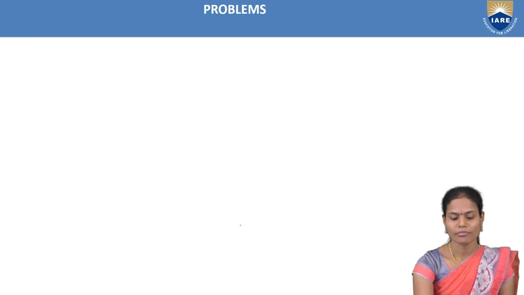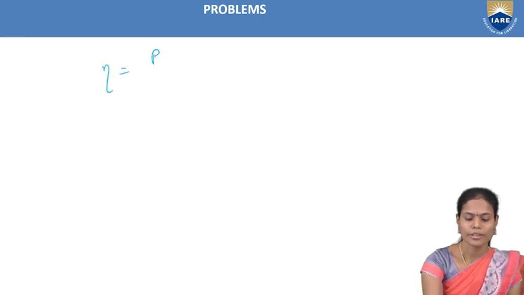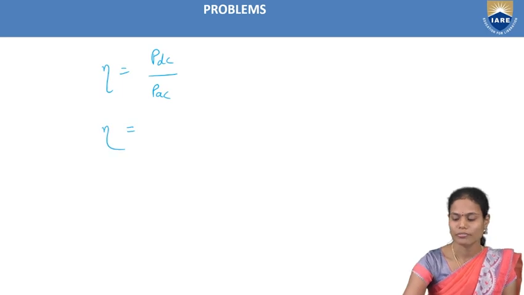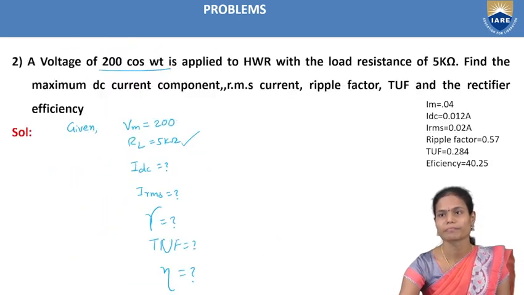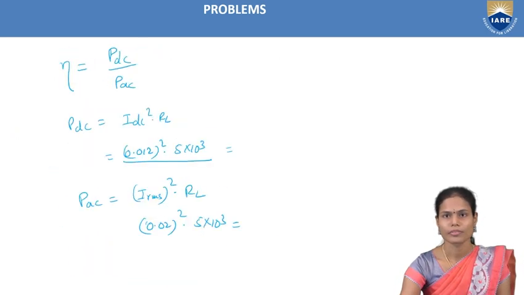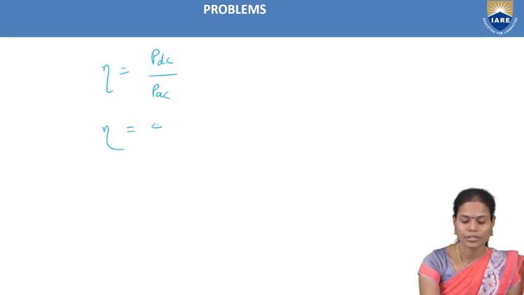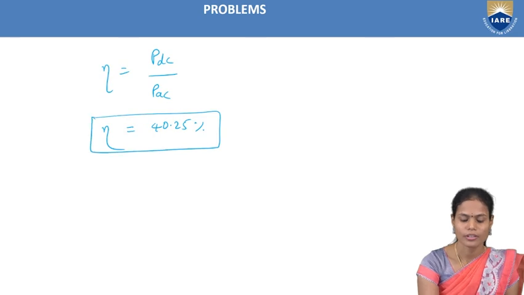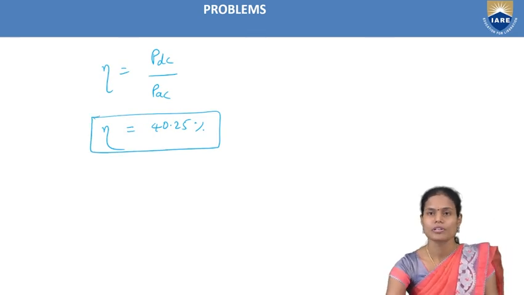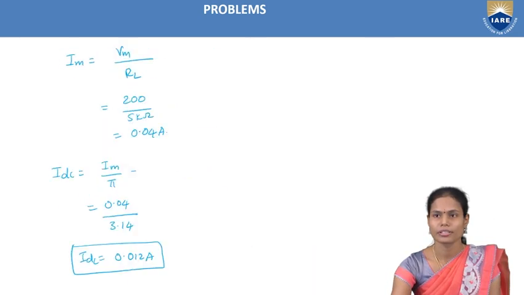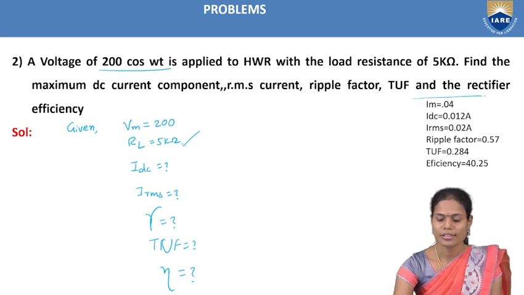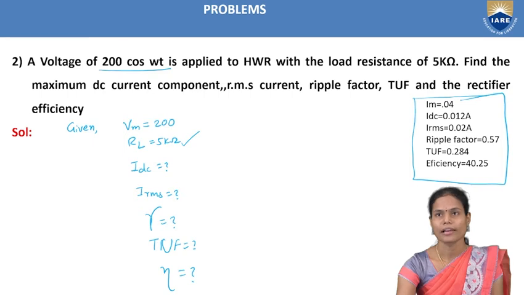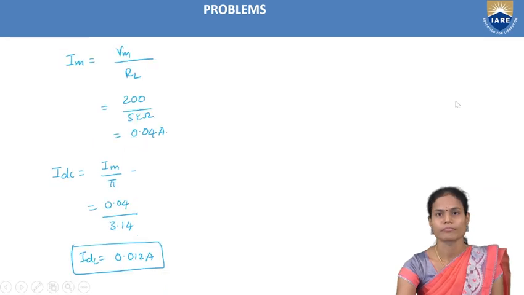To find the efficiency, substitute the PDC value as well as the PAC value, so that we will get the efficiency as 40.25% from the given parameters. So this is all we have calculated for the half wave rectifier. These are the answers I have mentioned here for reference.